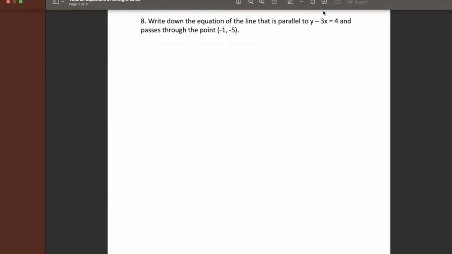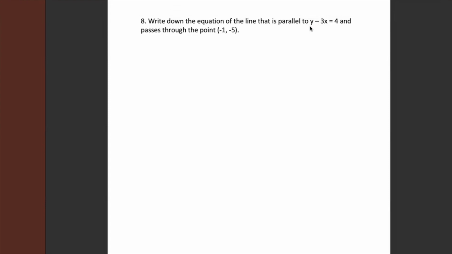Our next question reads, write down the equation of the line that is parallel to y minus 3x equals 4 and passes through the point minus 1, comma minus 5. So they have already given us an equation of a straight line there. And they want us to find out another line which is parallel to this red line. So if our red line looks like this, they want us to find out another line which is parallel to that red line.